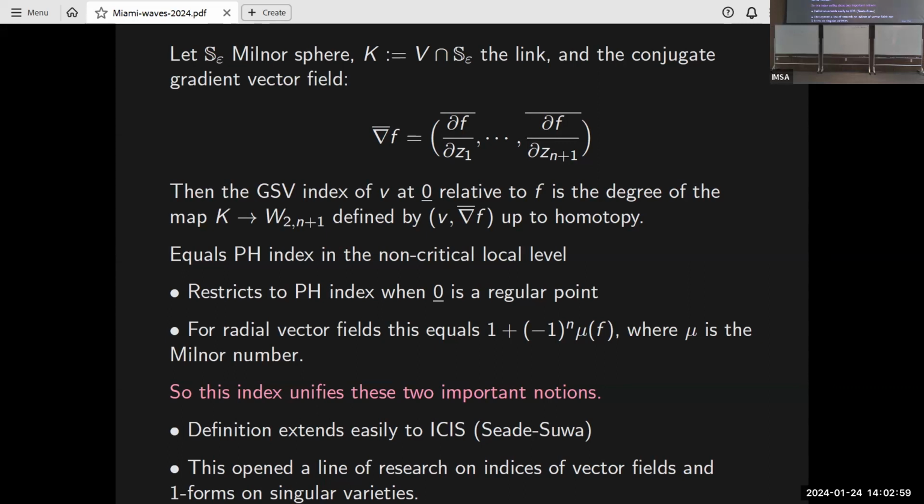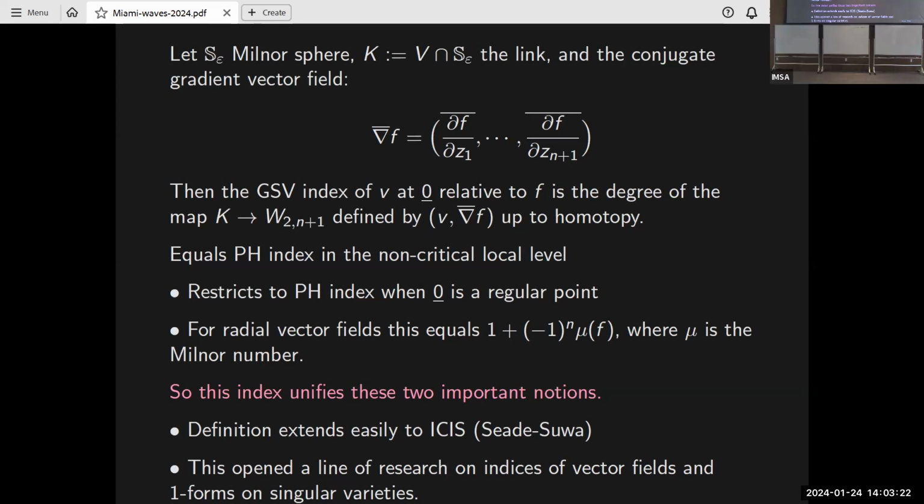If you have an isolated critical point, and the vector field is radial, pointing outward everywhere in a small neighborhood, then this index is 1 plus or minus 1 to the power n times the Milnor number. So it means that this index puts together in one concept the Milnor number and the Poincaré-Hopf index.